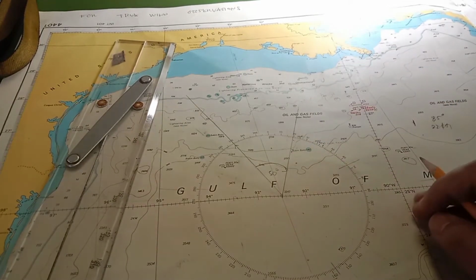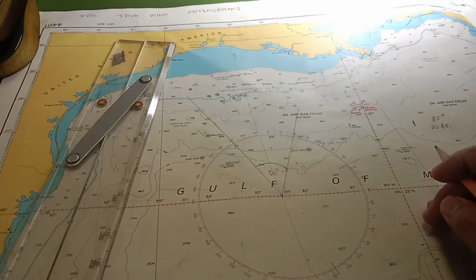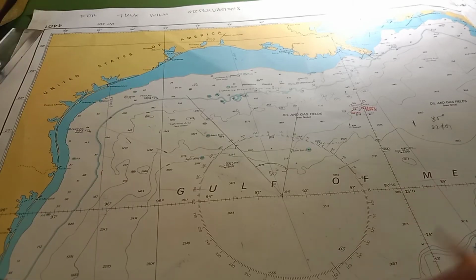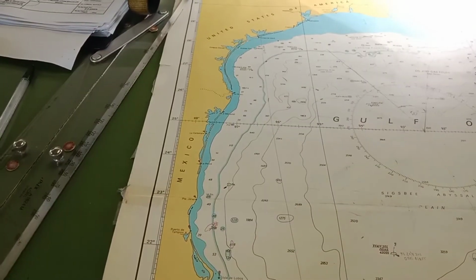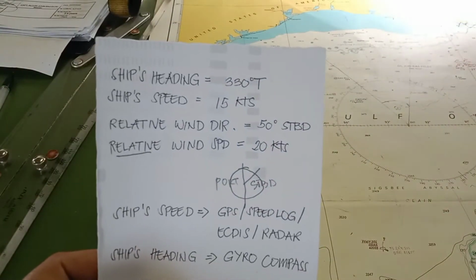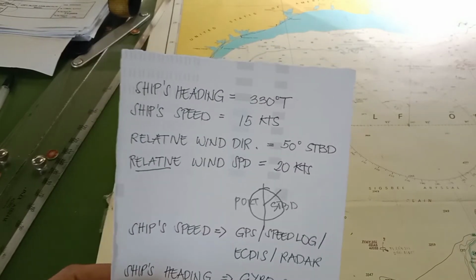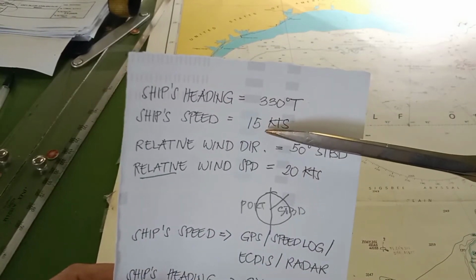Okay. So after that, we are going to plot the relative wind speed, which is 20 knots. So earlier, we had 50 knots for the ship speed. The same procedure.